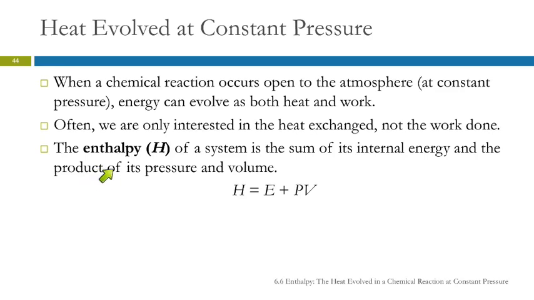So the enthalpy, which is given the symbol capital H, is the sum of the internal energy and the product of the pressure and volume for that system. So no deltas yet. H equals E plus PV.